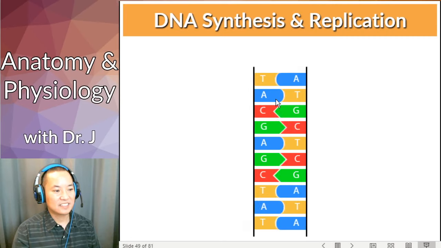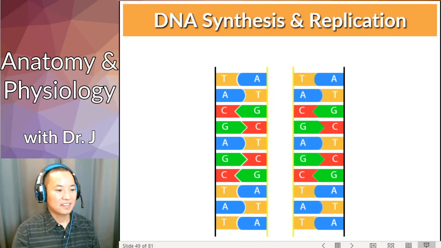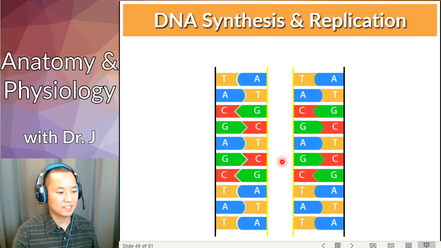So when you have DNA synthesis, you unwind that DNA molecule, and then DNA polymerase comes along and uses base pairing to fill in the gaps. I'm showing the old DNA molecule in this black backbone, and I just filled in base pairing. What do you notice with the new nucleic acid molecules that have the yellow backbone? Notice that not only are they base paired, but between these two new strands of DNA, they're exactly the same.